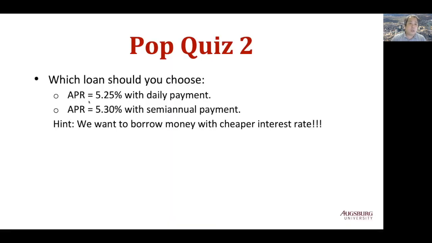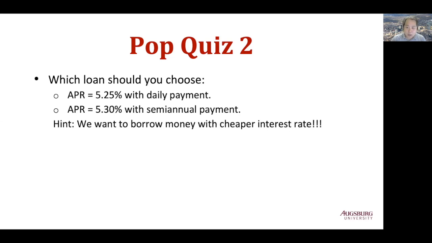Problem 2, which loan should you choose? It's the same example, 5.25% with annual repayment, 5.3% with semi-annual payments. The hint is we want to borrow money at the cheaper interest rate, right? So calculate EAR and find the answer, pick one.